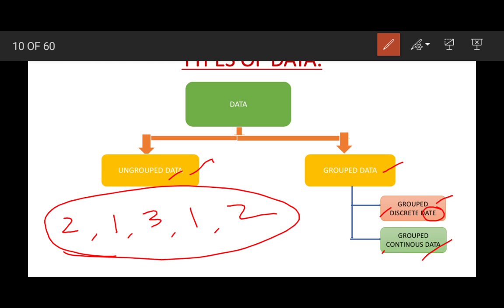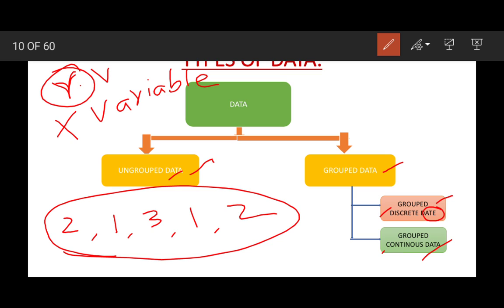These values come under x. X means variable. X is a variable, and we are going to call this x a random variable. R for random. Random means it can take any value. We can't say that X is so or so.